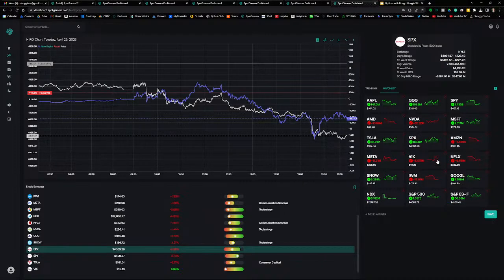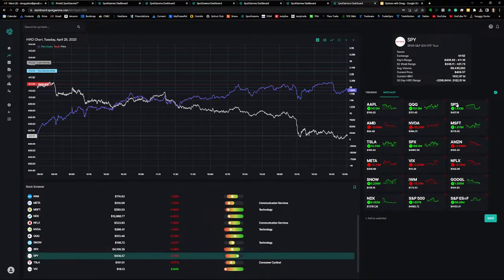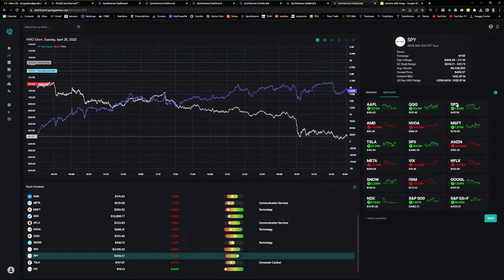And let's take a look at the next one, which is SPY. And that has appeared to be the case for a while now, that the SPY traders are trading in the opposite direction of price.